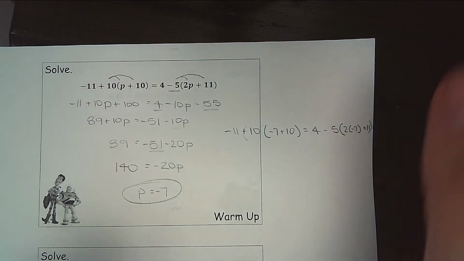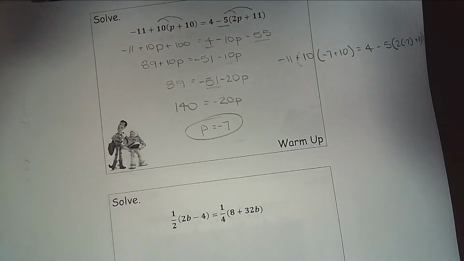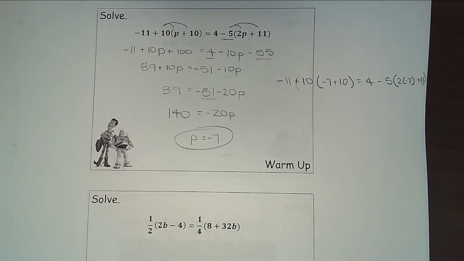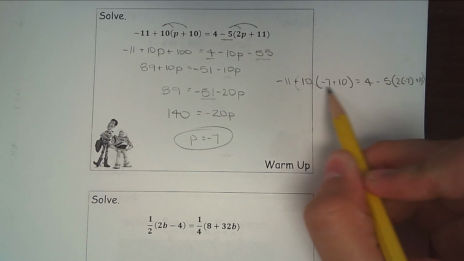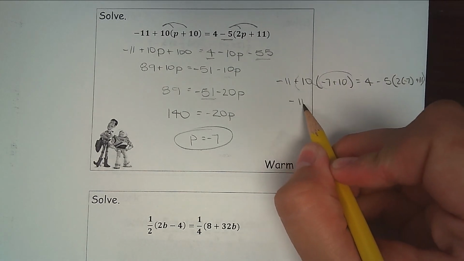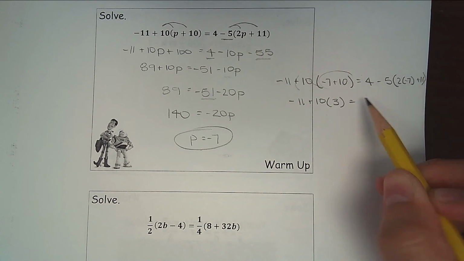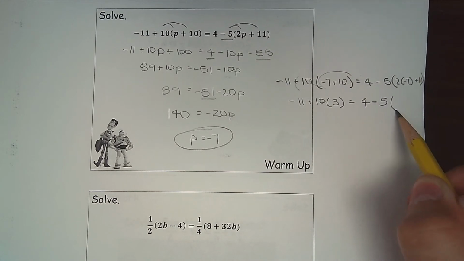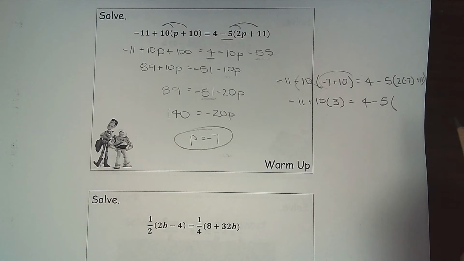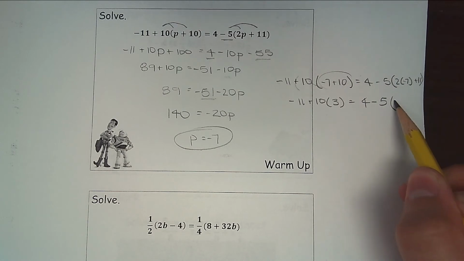So now in order to clean this up, I need to follow PEMDAS. So PEMDAS says I do what's in my parentheses first. So this is going to give me a 3. And I'm going to do my parentheses over here as well. Multiplication first is going to give me a negative 14 plus 11 is a negative 3.